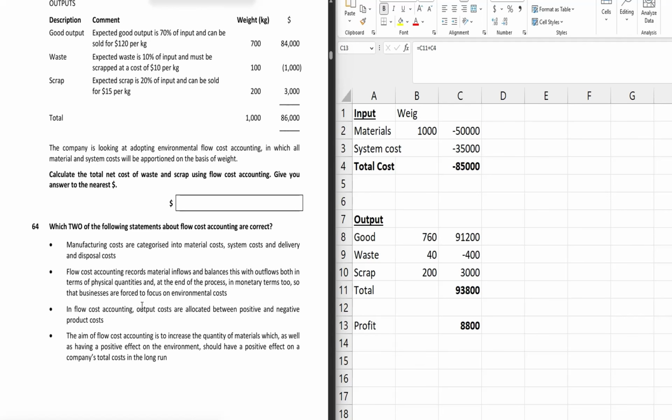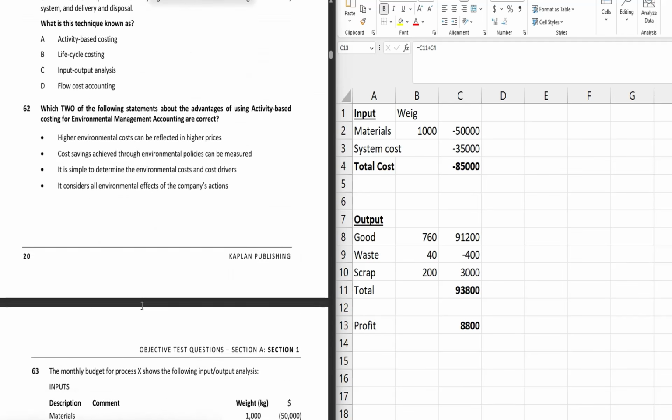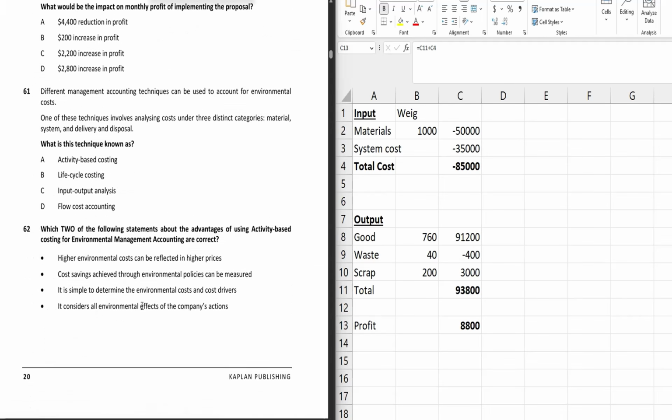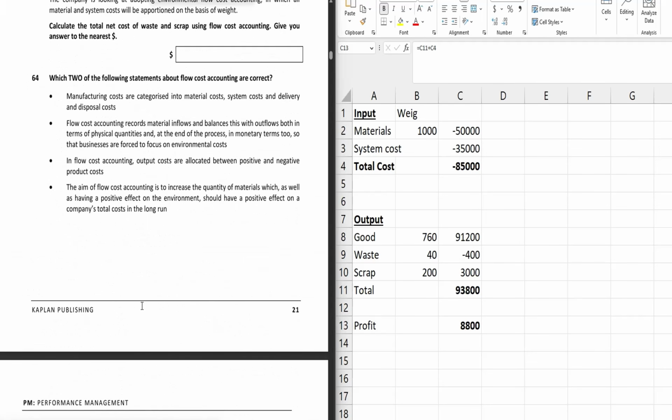According to input output analysis, whatever material goes in, the same quantity will come out, and we just have the monetary figure of this quantity, as we have seen earlier in question number 60. So this is our input output analysis.